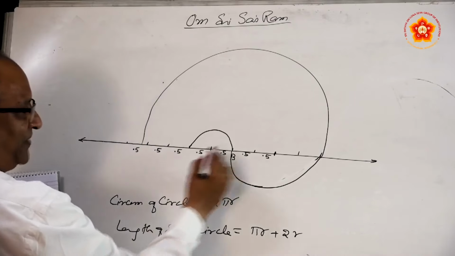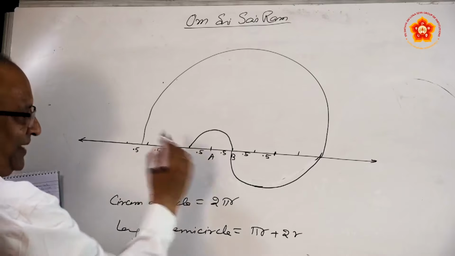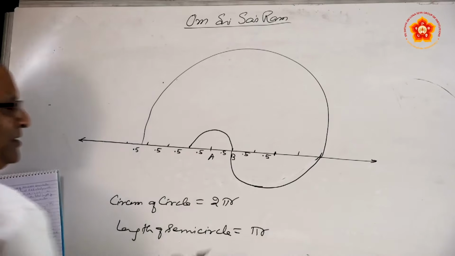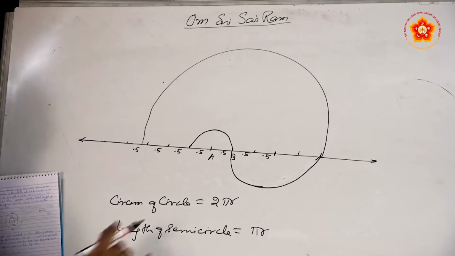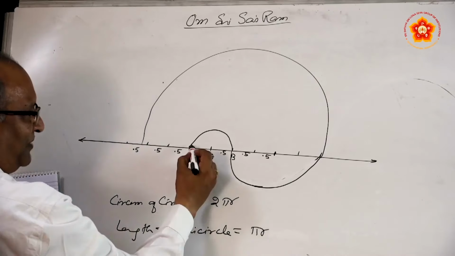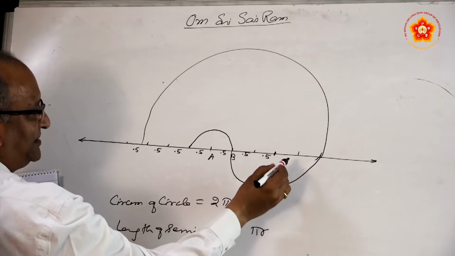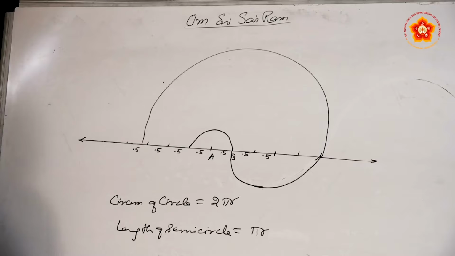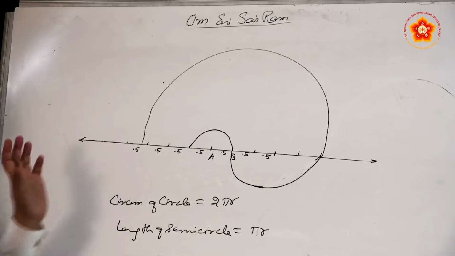Why 2r? Because we also take the radius, but right now we are only taking the curve, so we can avoid it and say only pi r. And this pi r, whether this semicircle or this semicircle or that semicircle, is going to be the same. Only thing which is going to change is the radius.